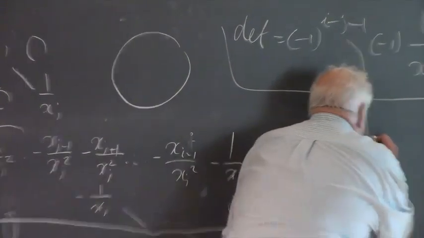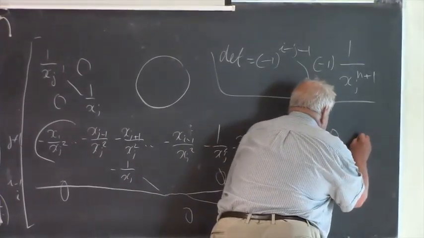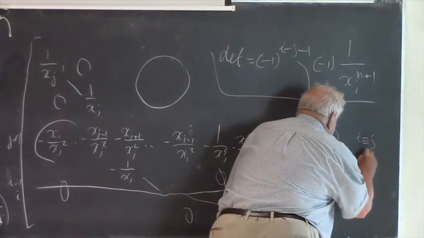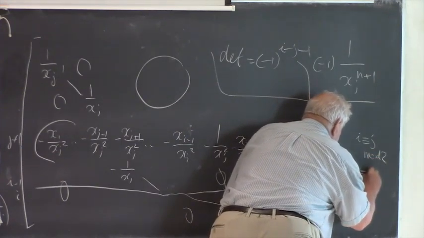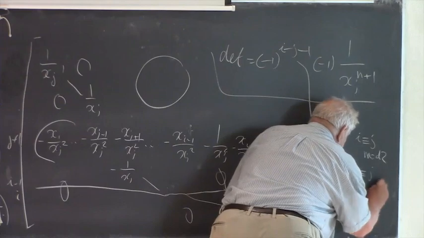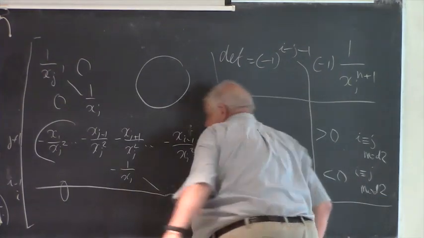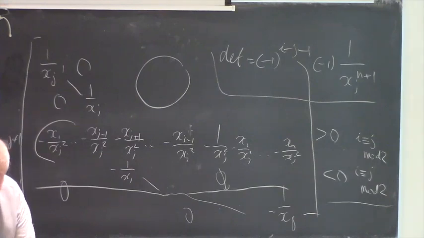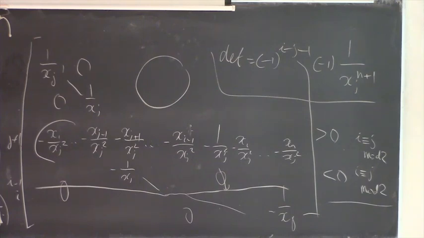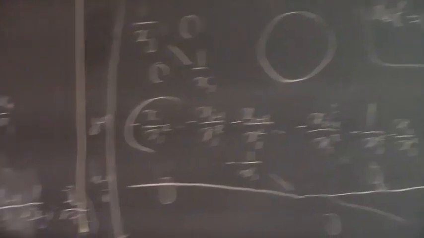And the determinant is greater than 0 if I minus j is even, and less than 0 otherwise. So far it is correct. You probably teach calculus, work in calculus rooms, so you probably can do it perfectly well.